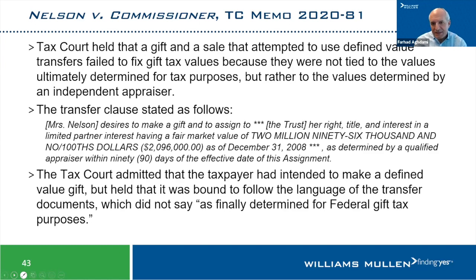So what I would say is this tells us, and actually, if you think about the McCord case, it actually didn't use the words "as finally determined" for federal gift tax purposes also. So I think the good news is that in the case law involving defined value clauses, Wandry, McCord, Petter, Christensen, King, very often those cases are using the language "as finally determined" for federal gift tax purposes.